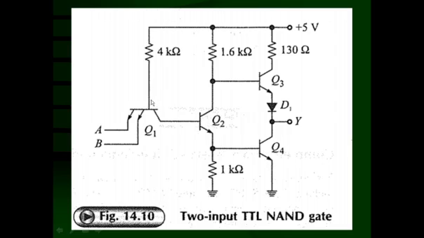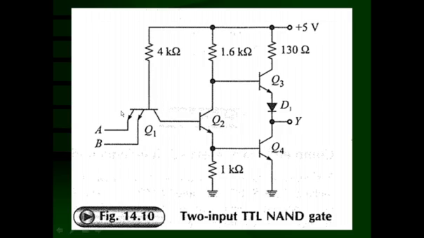Similarly, there is one more diode, that is base to collector diode, that also requires 0.7 volt, and that means with respect to ground, the potential of this base should be at least minimum 2.1 volt, so that this base emitter and base collector junction of transistor Q1 is forward biased, and Q2 and Q4 will be conducting, and if it is less than that, this transistor will not be conducting.